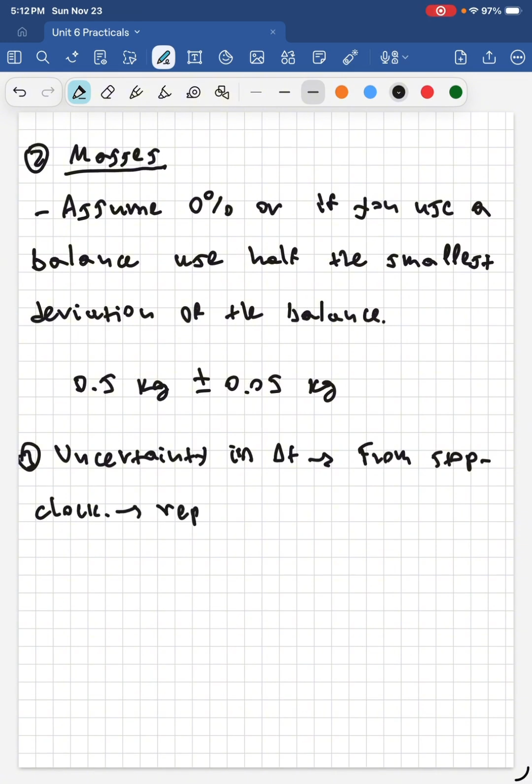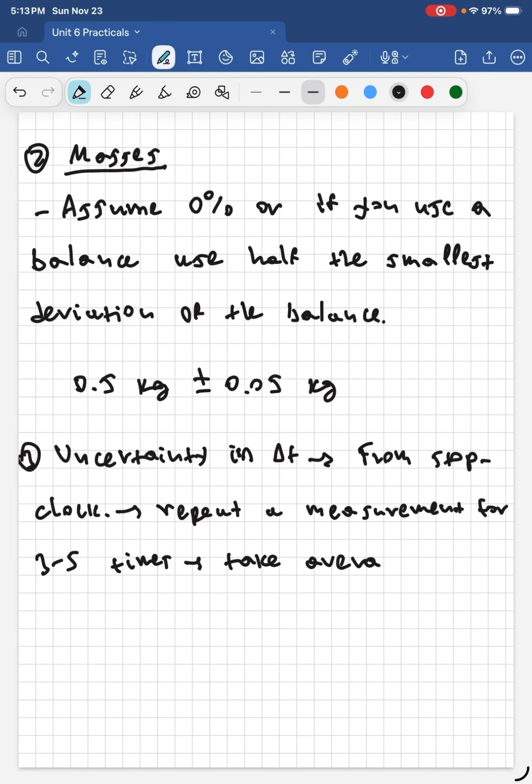The best way to take this measurement is to repeat a measurement, the same measurement for the same weights, for 3 to 5 times. Then take the average, and the uncertainty will be equal to the half range.